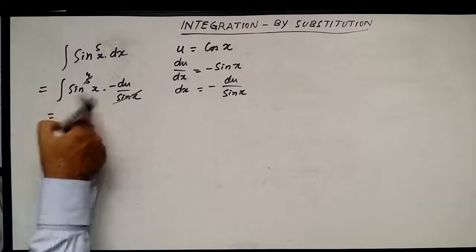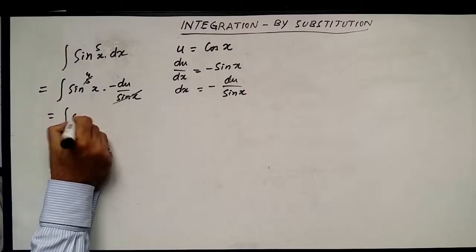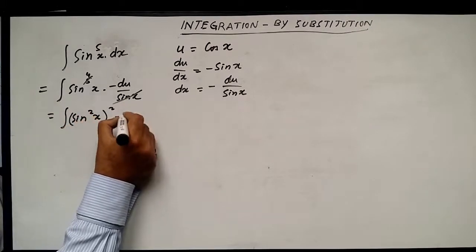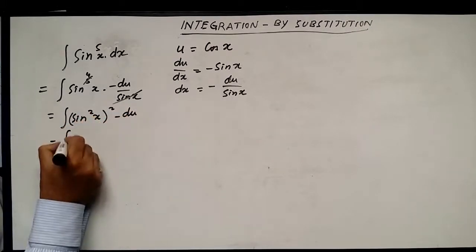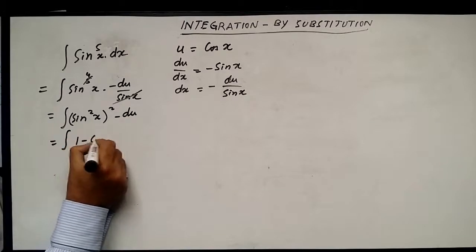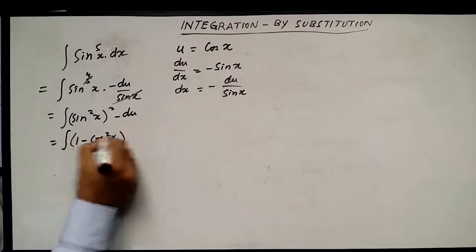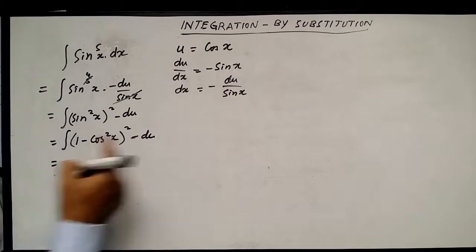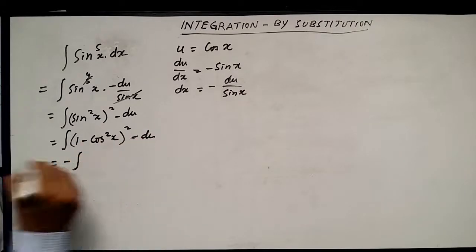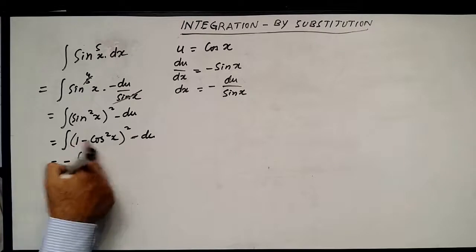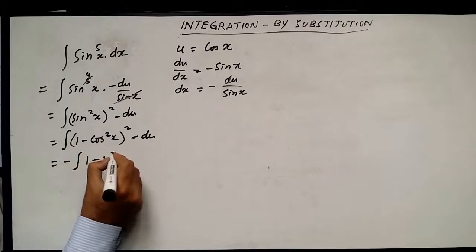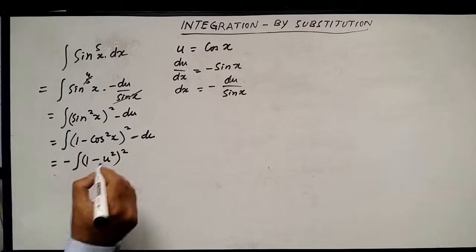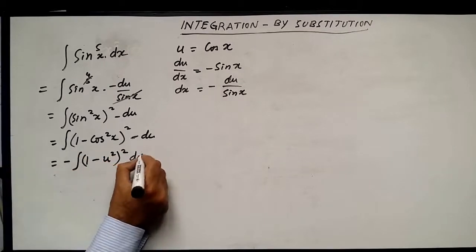Now sine to the power 4x can be written as sine square x whole square, times minus du. And as we know, sine square x is 1 minus cos square x, whole square, times minus du. So we can take minus outside the integration sign, and now we can replace cos x by u. So this will become minus, 1 minus u square, whole square, du.